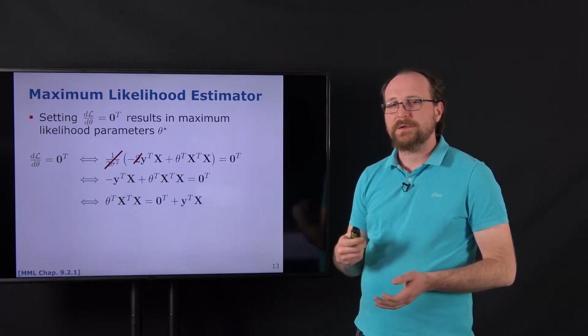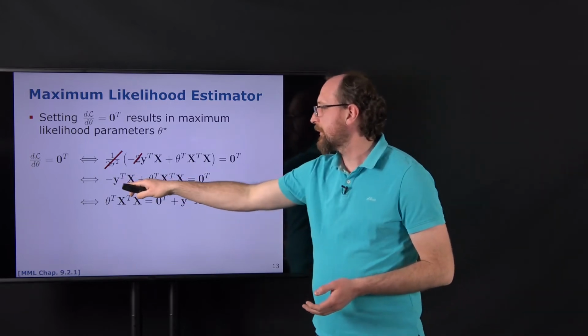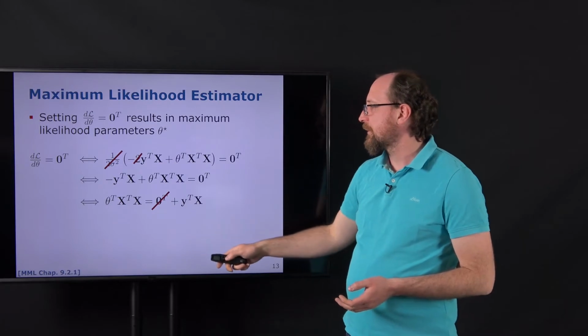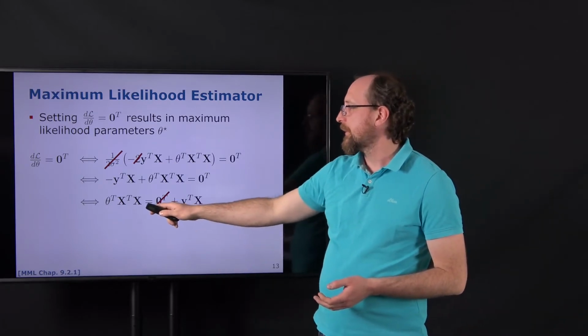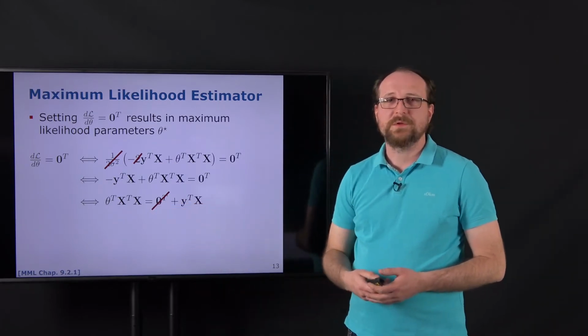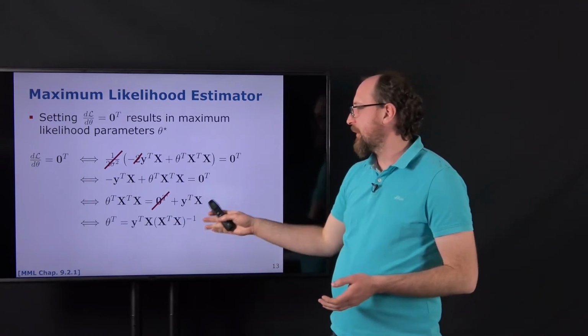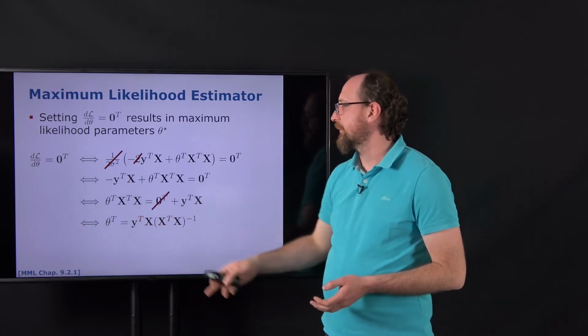Then we are putting this term on the other side, and then we have the 0 here that can also go away, and then we are just using normal matrix calculus and multiply both parts by the inverse of this x transpose x.